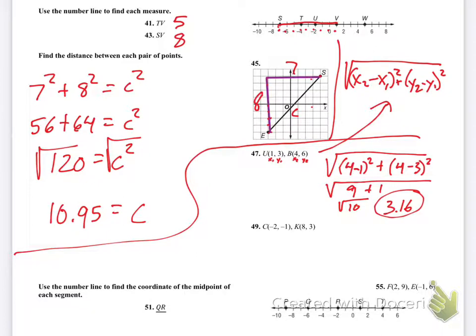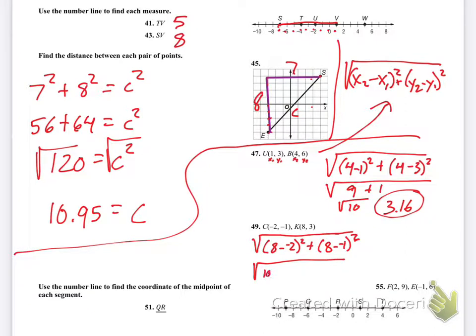And then I would do the same thing for 49. So I'm going to do the square root of 8 minus a negative 2. And I'm going to add 8 minus a negative 1 squared. So then if I simplify that, that would be square root of 8 minus a negative 2 is 10.